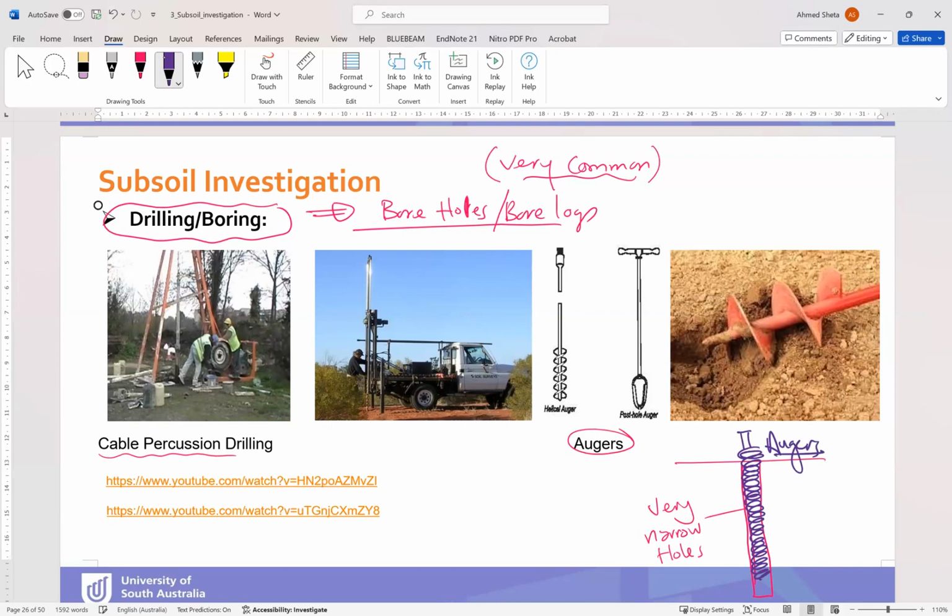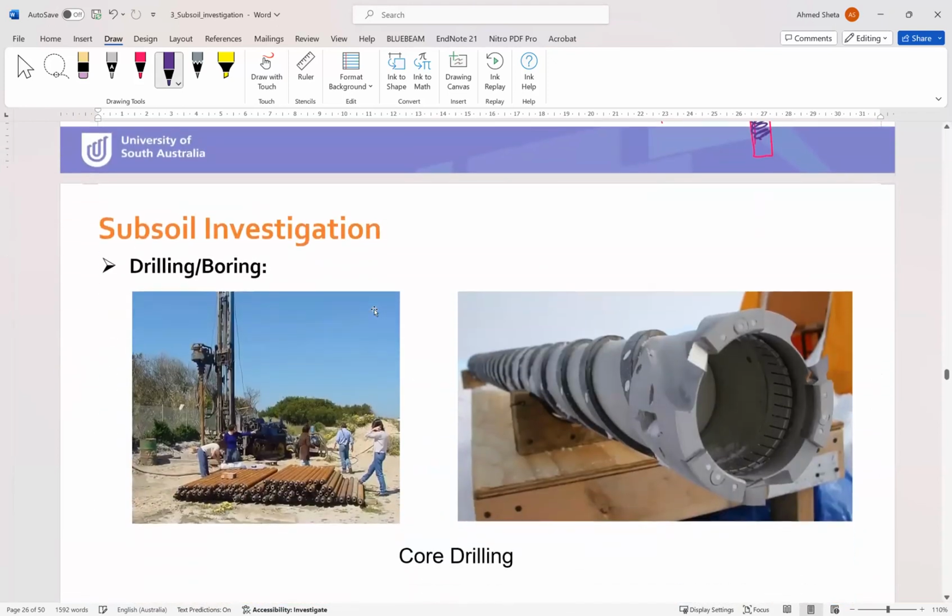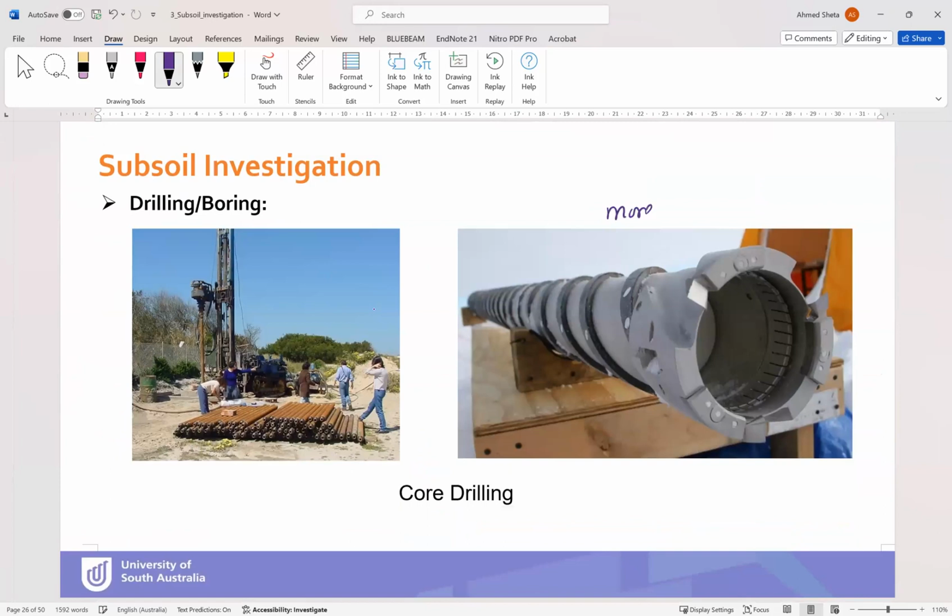Here are some videos on YouTube about the drilling techniques. You can have a look and watch the videos. And this is also another method if you are going deeper, which is core drilling, also one of the drilling techniques.